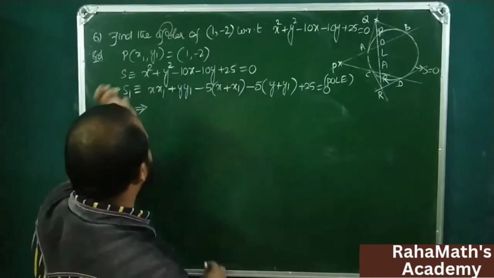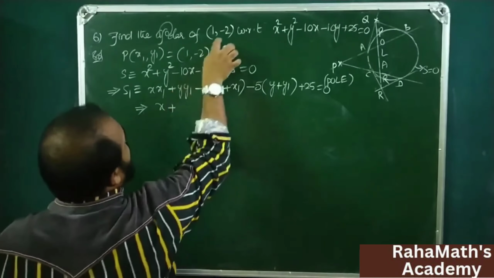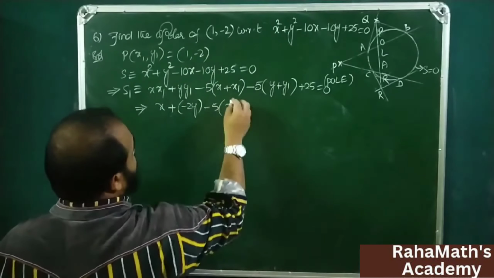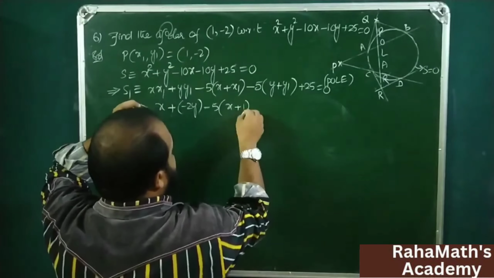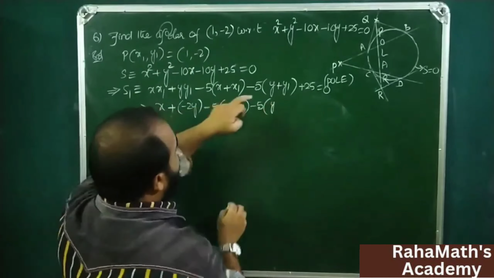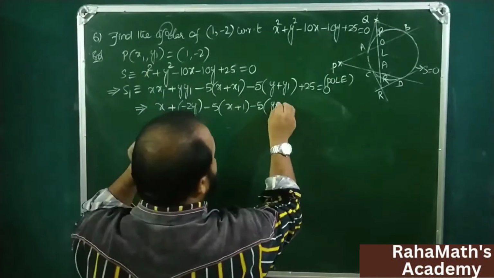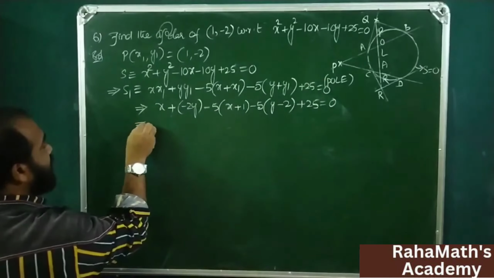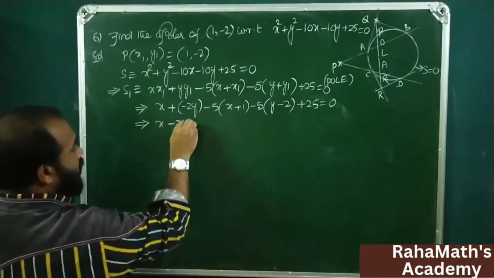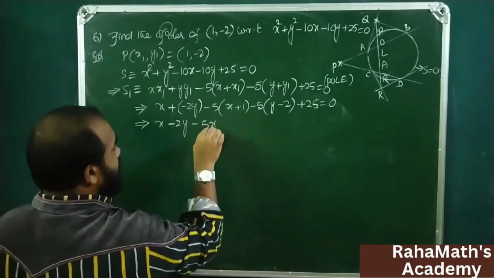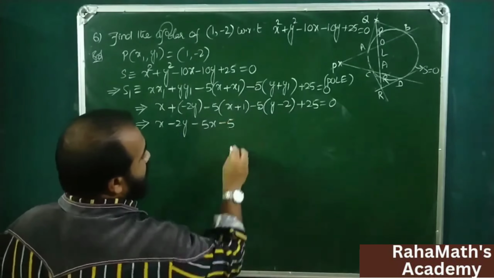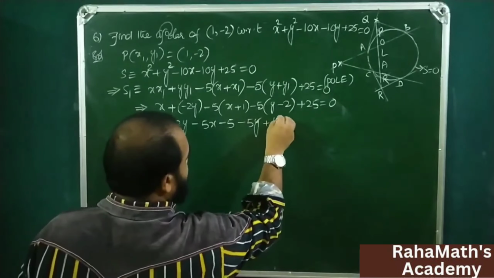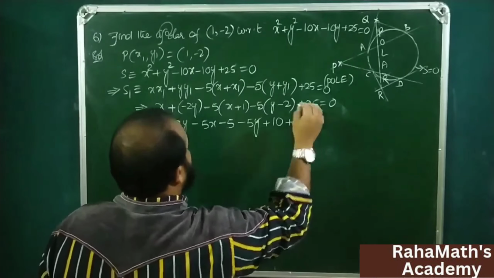So x into 1, x plus y into minus 2, minus 2y, minus 5 into x plus x1, that is x plus 1, minus 5 into y plus y1, that is y plus minus 2, plus 25 equals 0. This implies x minus 2y minus 5x minus 5 minus 5y plus 10 plus 25 equals 0.